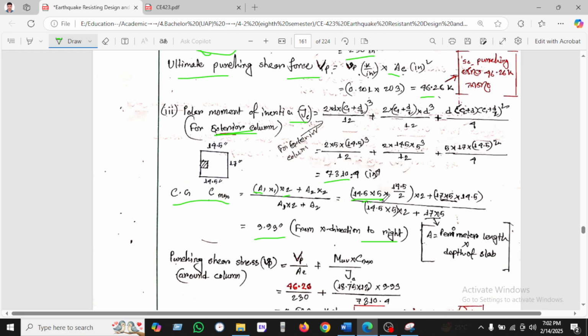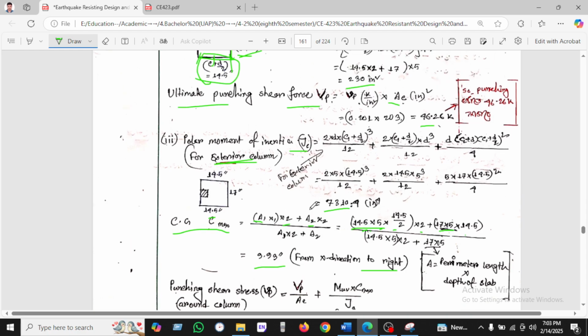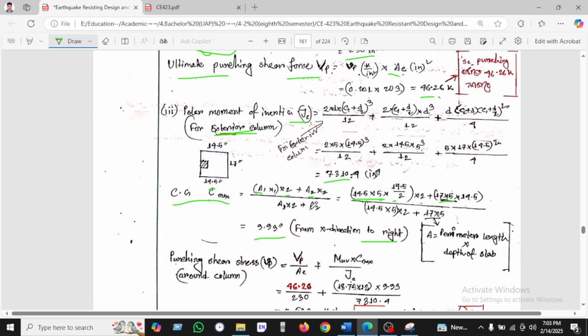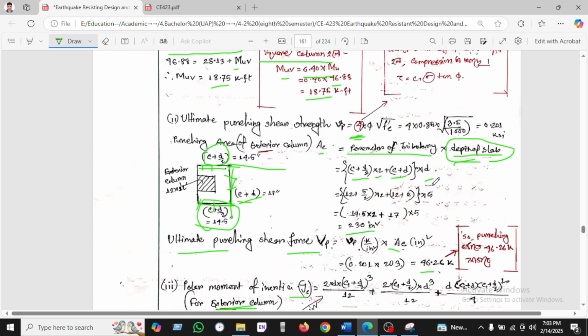Okay, and X bar will be 14.5 divided by 2 into 2, and we've been seeing 17 into 5 and 17 is A2. How will get the, what is the A? What is the A means 14.75 into depth. The depth is given is 5 inch.